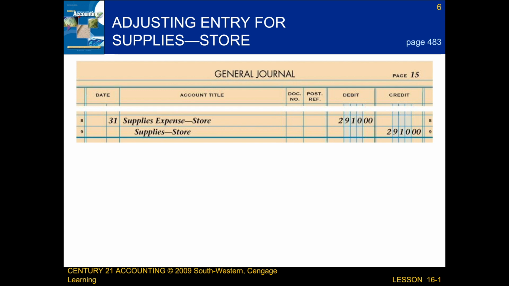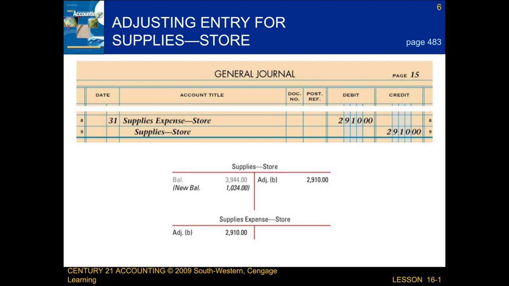Okay, next we're going to be talking about the adjusting entry for supplies store. So the adjusting entry for supplies store is as follows. We debit supplies expense store, and we credit supplies store.